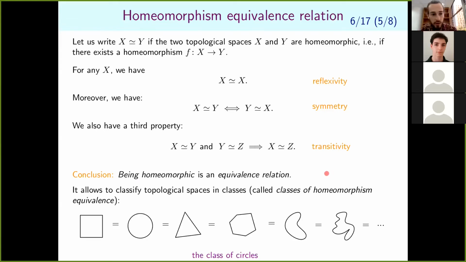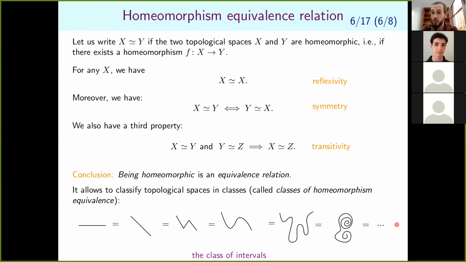So for instance, the square, we've seen that it is homeomorphic to the circle, but you can show that it is also homeomorphic to the triangle, to any polygon, and also to continuous shapes like that. So this is the first class, which is called the class of circles. This is a class of homeomorphism equivalence.